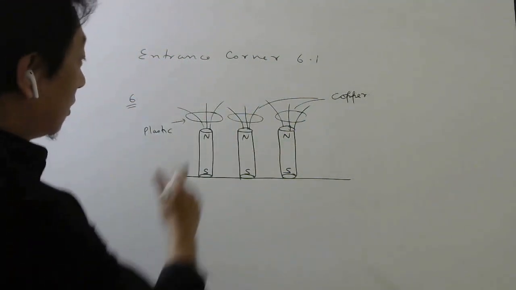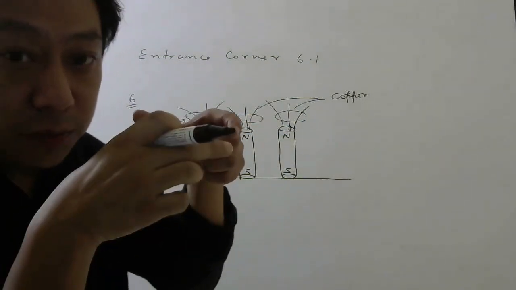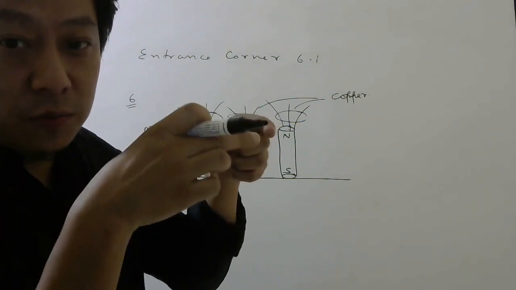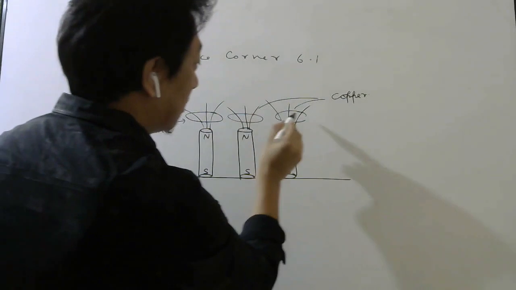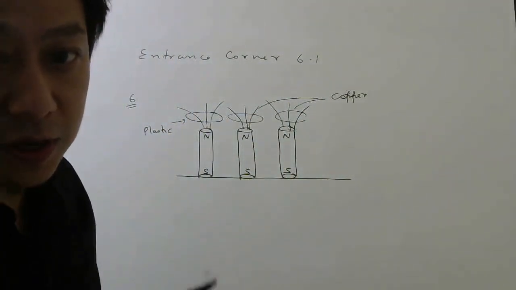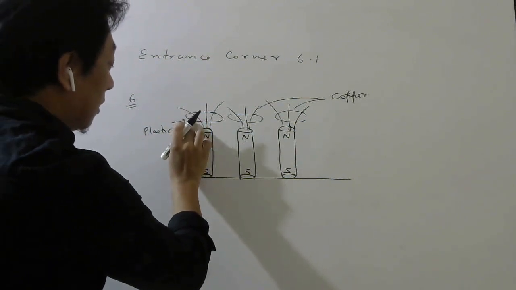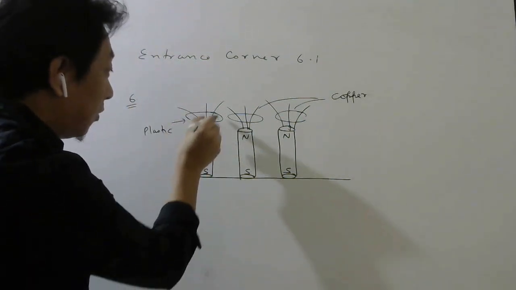Correct or not? The loop is moving in a non-uniform magnetic field. Here the magnetic field is weak, here it is strong. So the flux here will change, flux here will change, flux here will change. No doubt. Now here EMF will be induced, but will current flow?